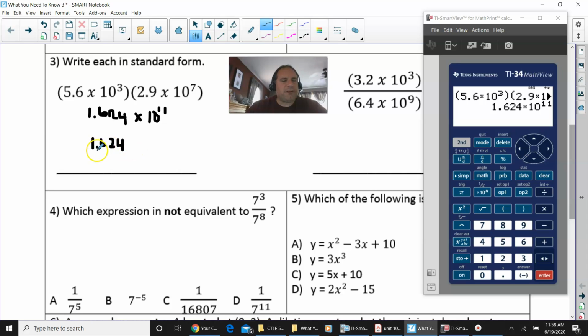So I am going to move this decimal over 11 places to the right, making it larger. And remember, I'm going to add some zeros here.